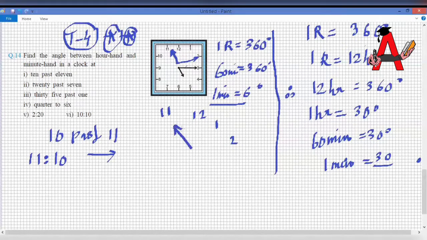Now assume, suppose it was 11:10 like this. Then angle is 1, 2, and 3 hours. And I told you that 1 hour is 30 degree, 30 degree, and 30 degree. Then the angle would have been 90 degree. I once again repeat. If it was exactly at 11, the angle would have been 30, 30, 30. For 3 hours between 11 and 2, it would have been 90 degrees. But it doesn't work that way because it is not 90 exactly.